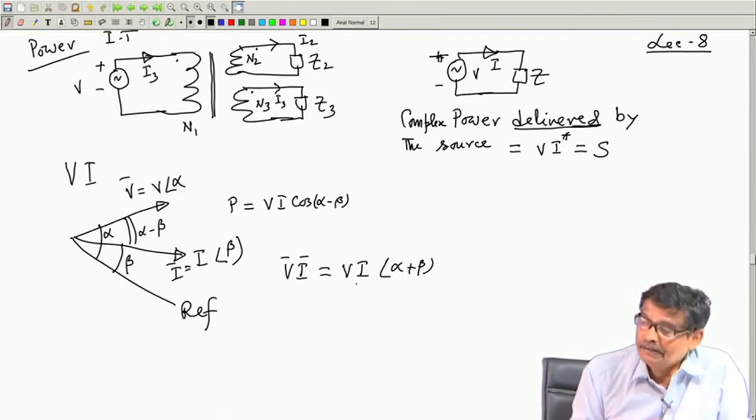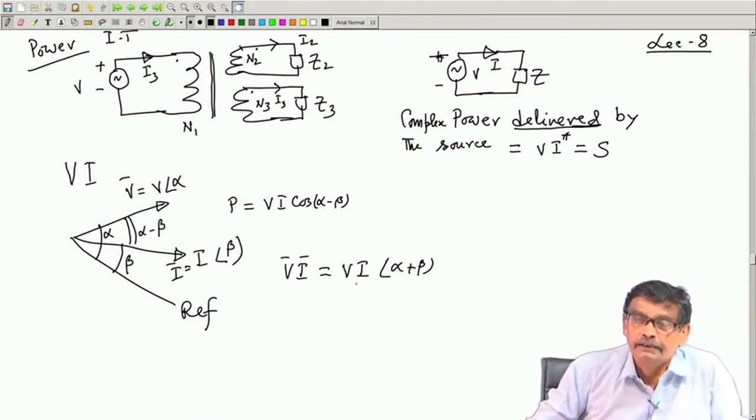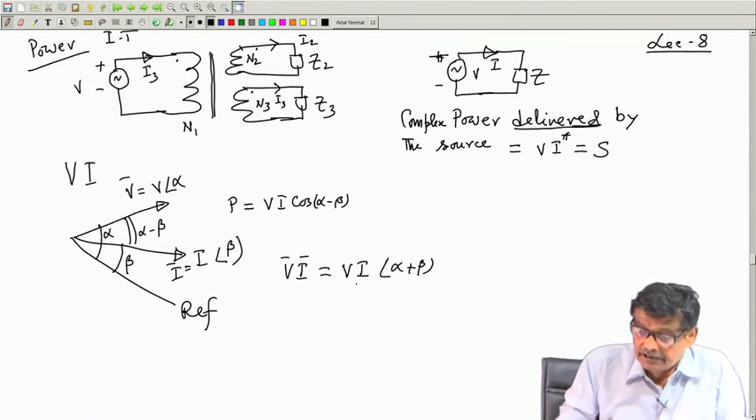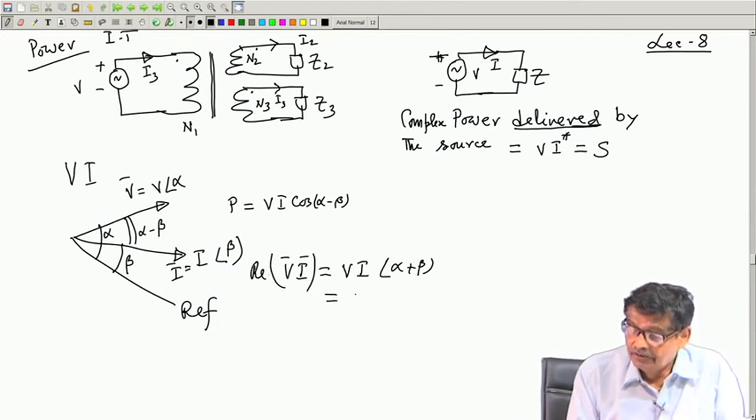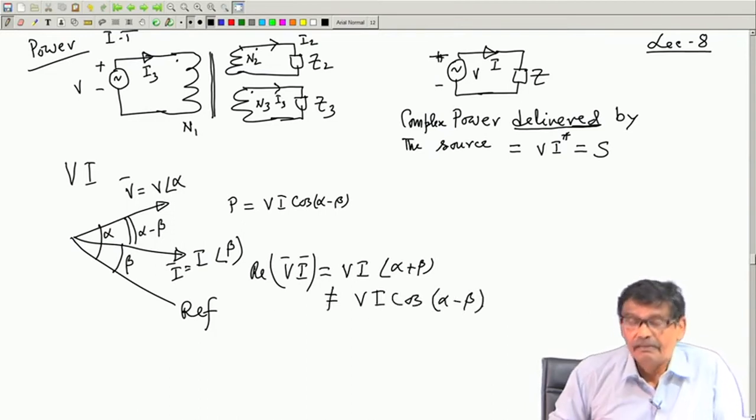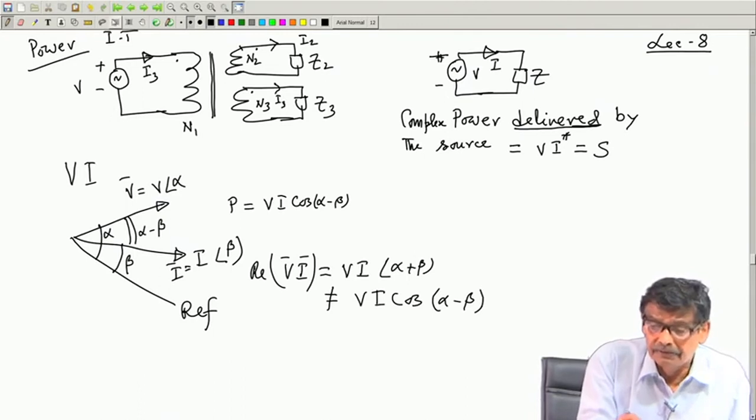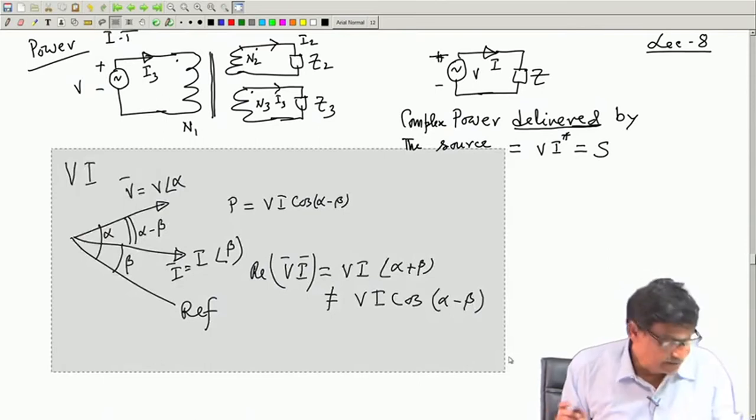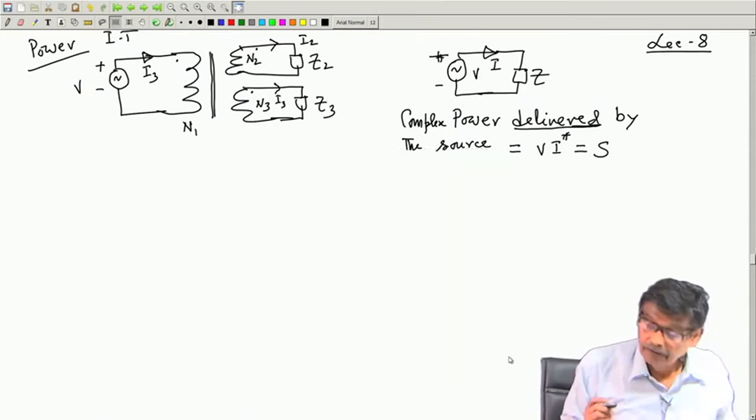That is the reason, for the general case you do not know, voltage might have some angle and current might have some angle with respect to some other reference phasor. Therefore, the real part of this is not equal to V I cosine alpha minus beta. So, you should just remember this. Anyway, this is just a side remark.